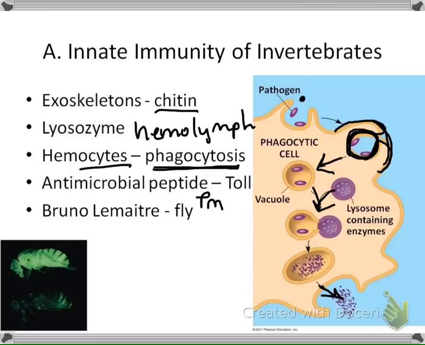Protein toll is a receptor on the surface of hemocytes. Signal transduction from toll receptor to the cell nuclei leads to synthesis of particular antimicrobial peptides active against fungi.